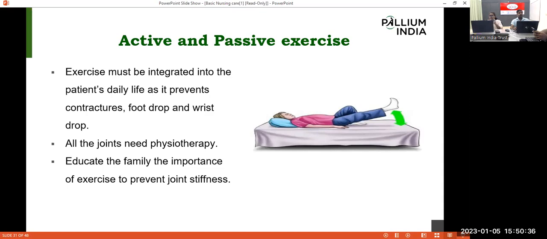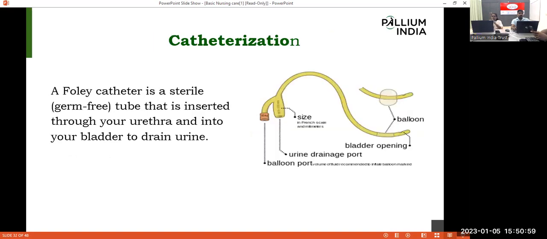All the joints need physiotherapy, so we need to explain the importance of physiotherapy and these exercise steps, to prevent joint stiffness or contracture. If a foot drop or wrist drop happens, it will be more complicated for the patient and their quality of life will be affected. So we need to educate them.